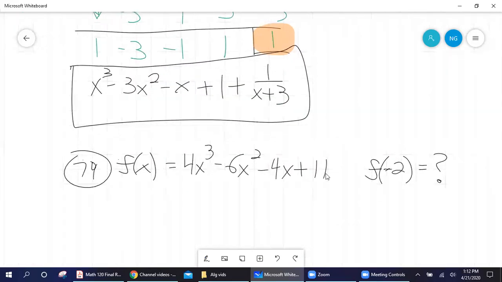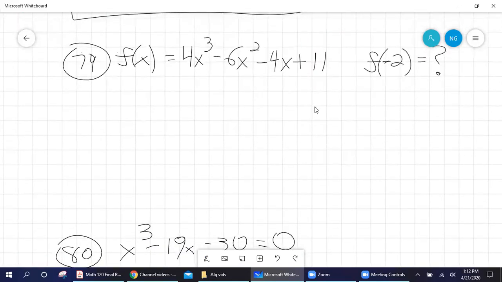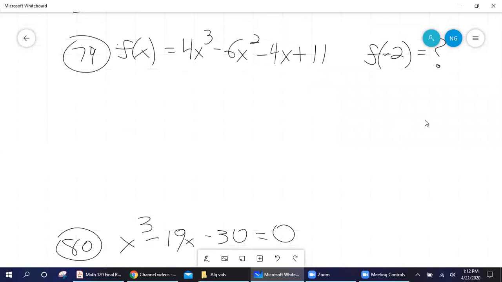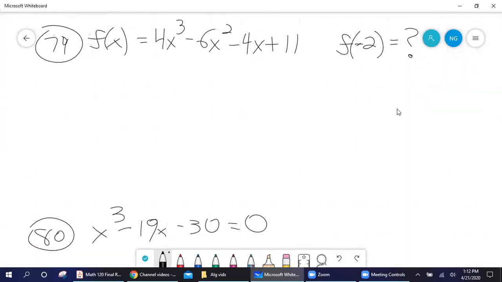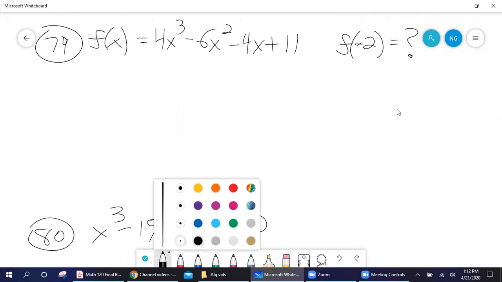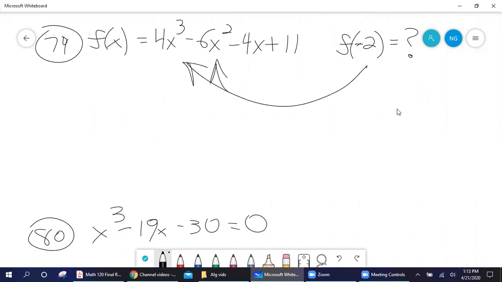For number 79, we're using synthetic division again, and we're using it in conjunction with the idea of the remainder theorem, which says that if we divide, whatever our remainder is, that's equivalent to if I had plugged negative 2 in. So basically it's saying, hey, if you would plug negative 2 in for every x, what would you get?